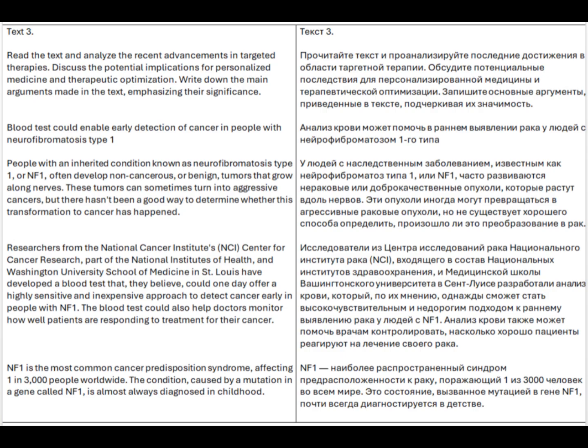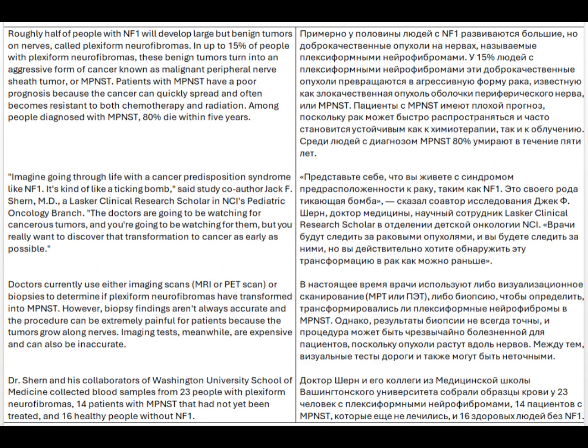NF1 is the most common cancer predisposition syndrome, affecting 1 in 3,000 people worldwide. The condition, caused by a mutation in a gene called NF1, is almost always diagnosed in childhood. Roughly half of people with NF1 will develop large, but benign tumors on nerves, called plexiform neurofibromas.